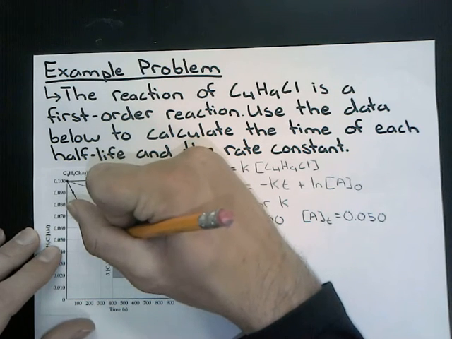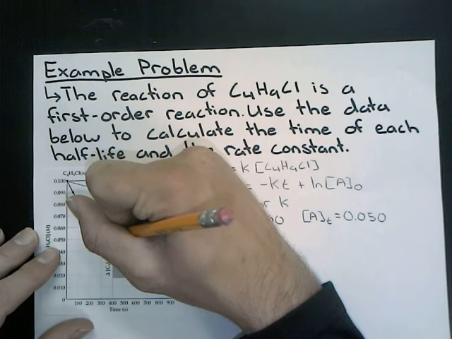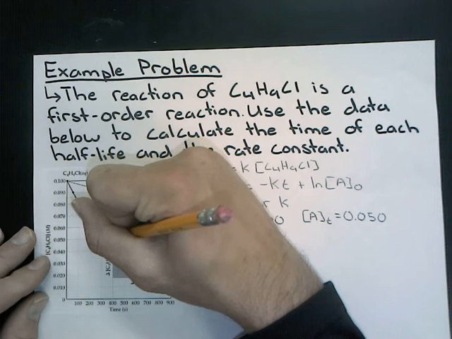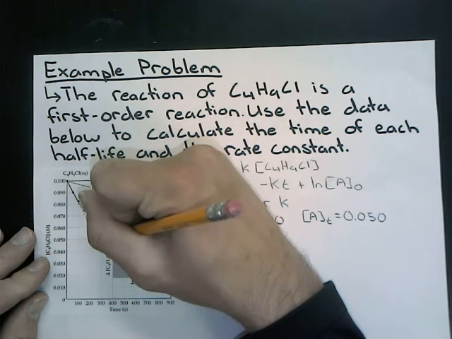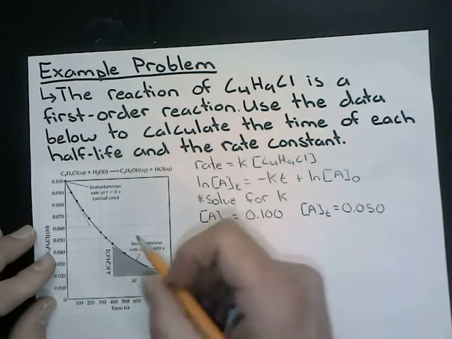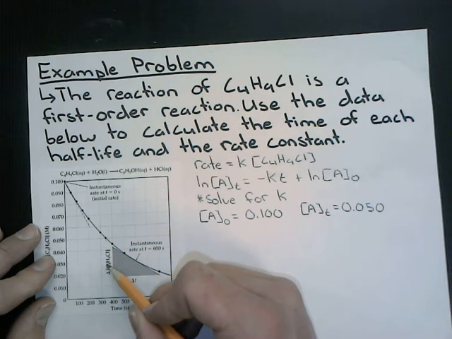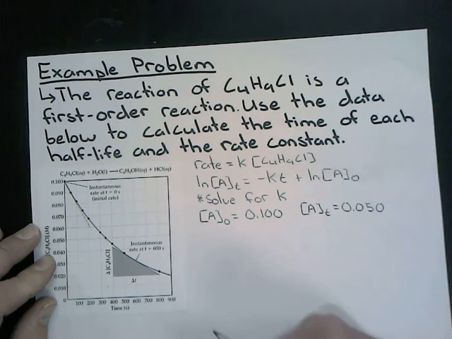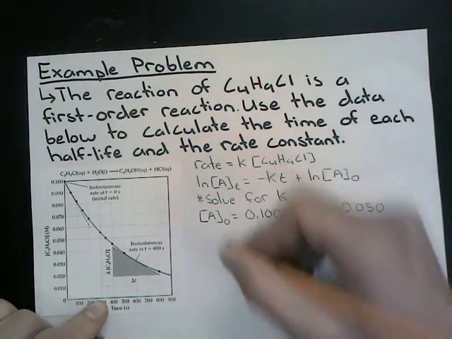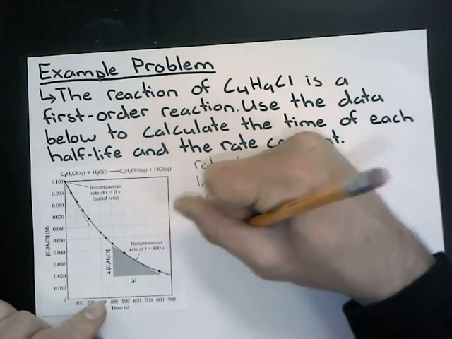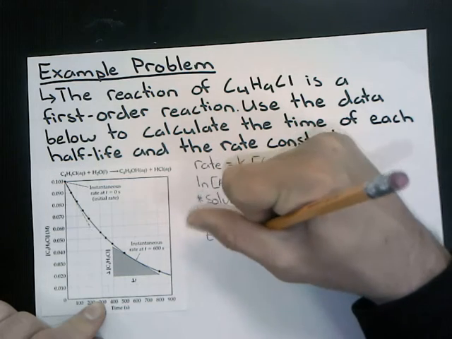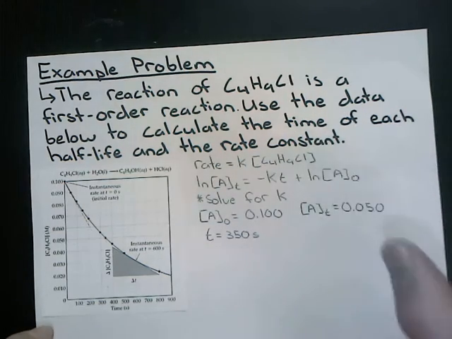We find that point there of 0.05, and we go down. If we follow this all the way down on the graph, it looks like it took 350 seconds. So the time here is going to be 350 seconds.